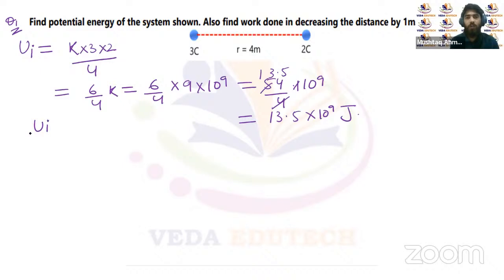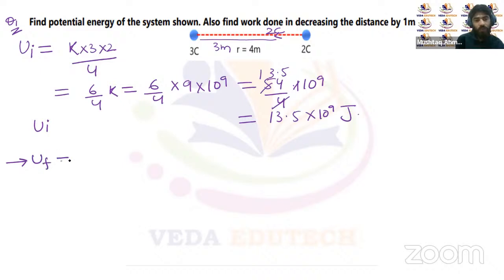Now we also have to find the work done in decreasing the distance by 1 meter. If we decrease the distance between them by 1 meter, it means that we have to bring them close. I'm bringing this 2 coulomb charge to a distance of now 3 meters. So the potential energy is going to change.